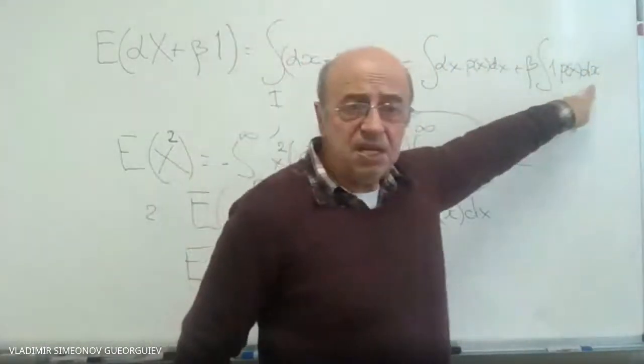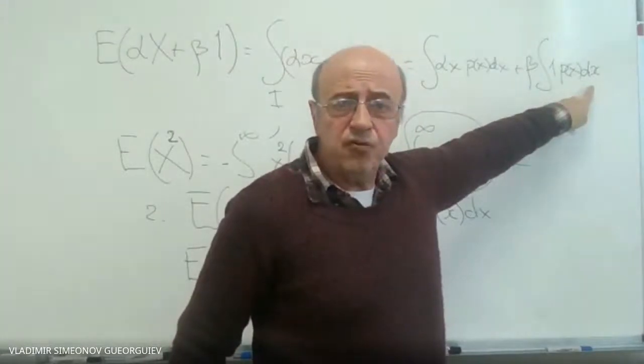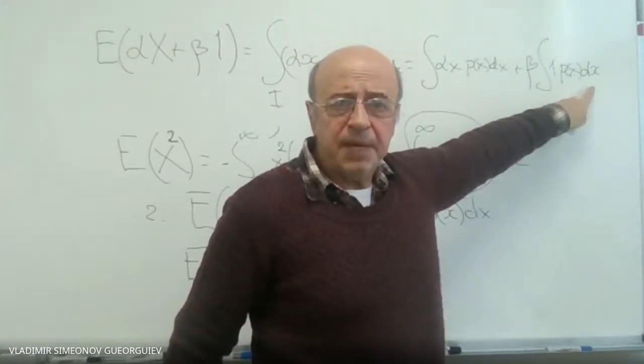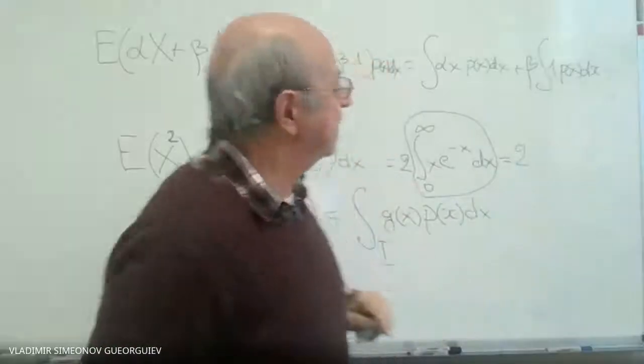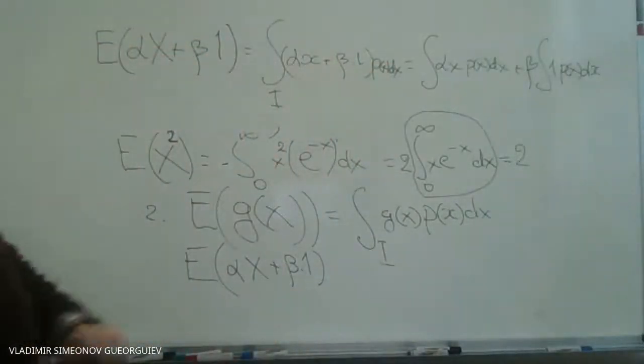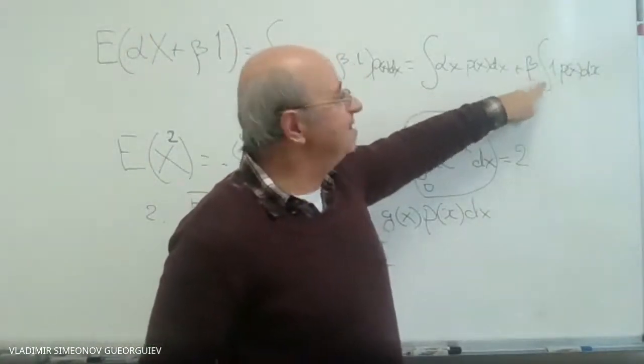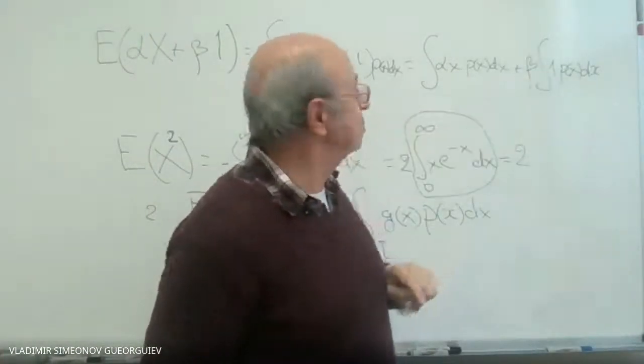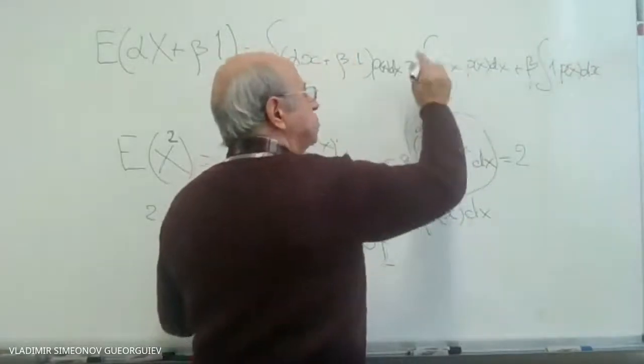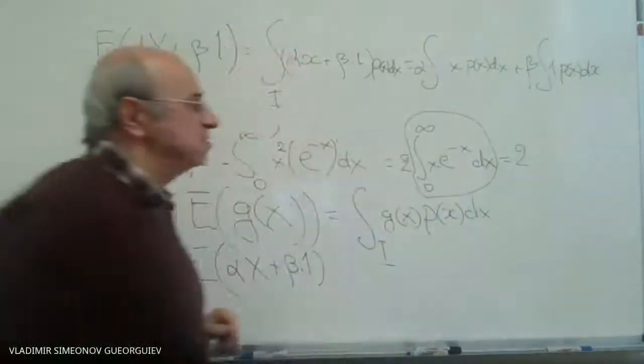Can you see here, or should I move the camera? No, it's okay. Okay, thank you. So you see here I put beta in front because we know that in an integral constants can be put outside. Also here I can put alpha outside.